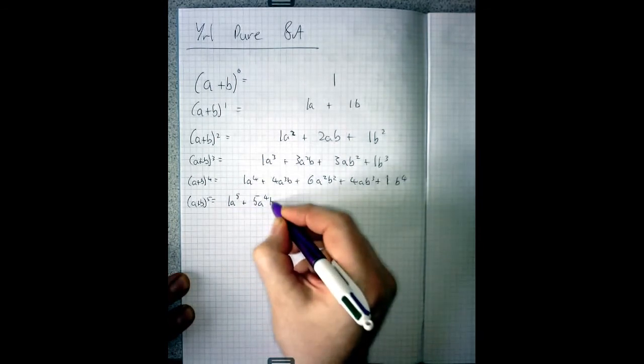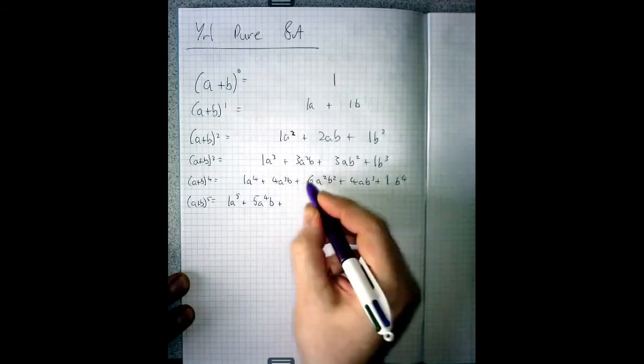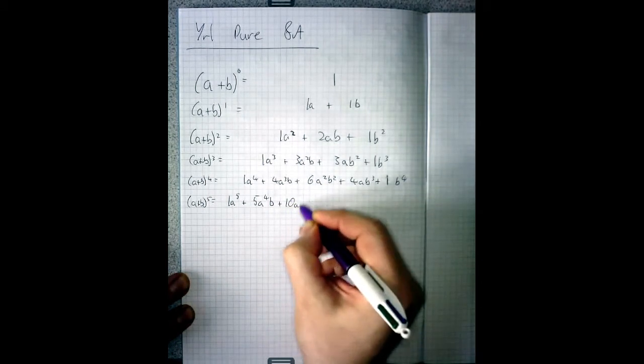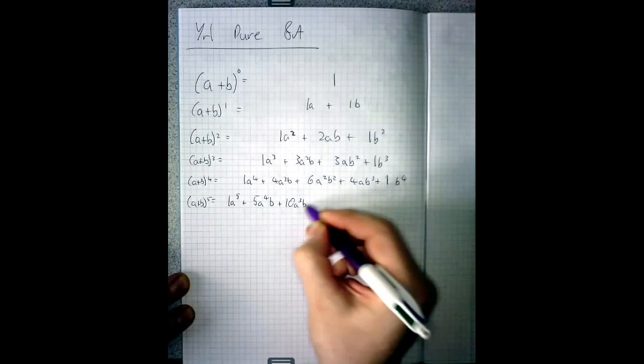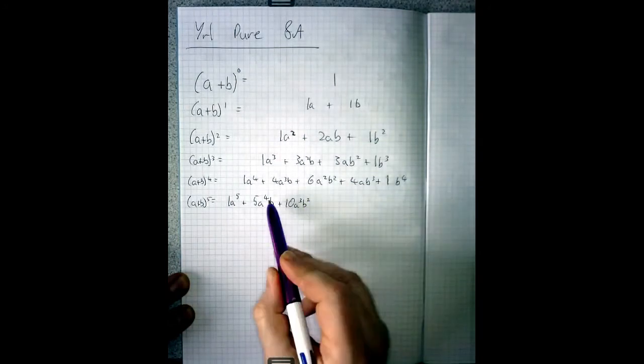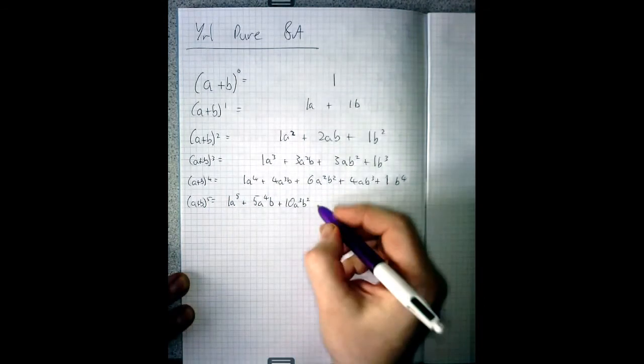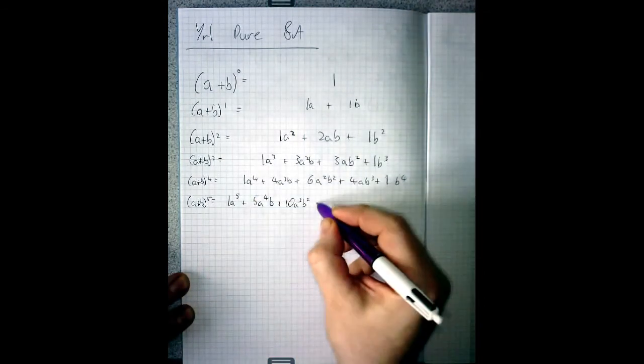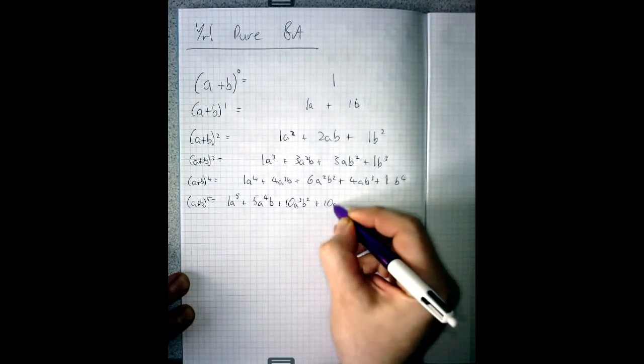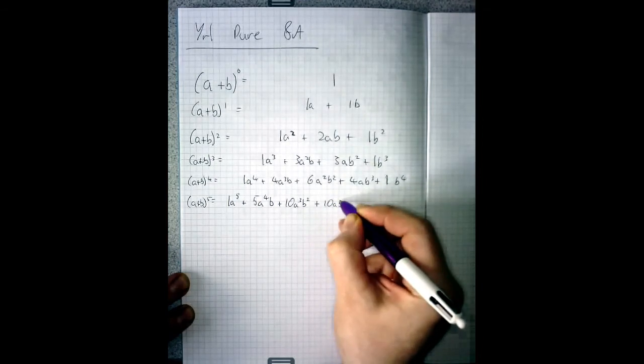So the next term here will be 5: reduce the power of a, increase the power of b. Add the two, reduce the power of a, increase the power of b. And of course they always add to 5 because I'm trying to expand this bracket to the power of 5.